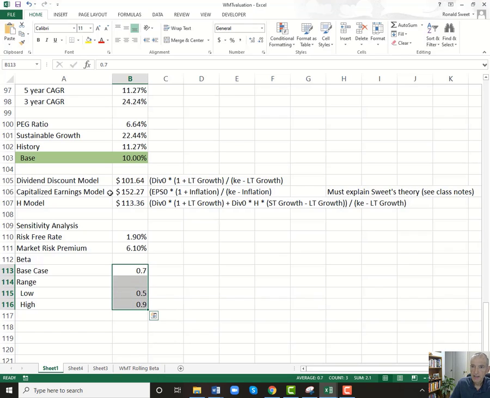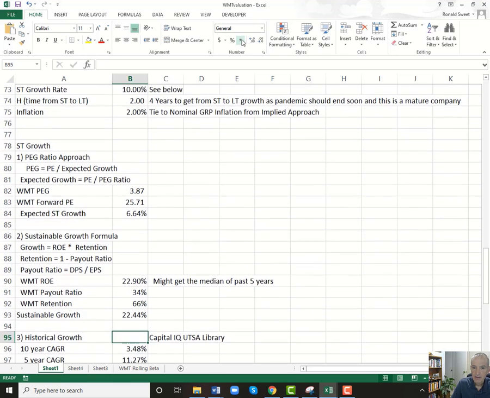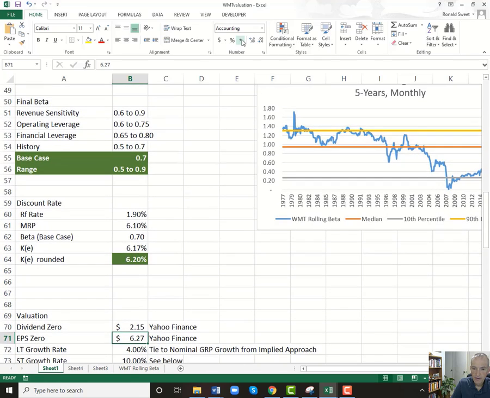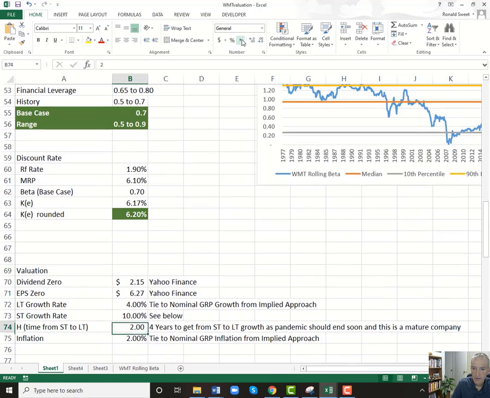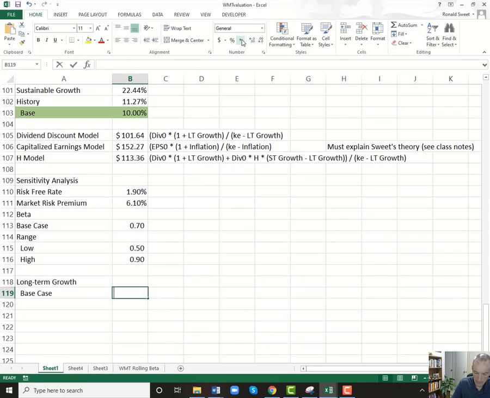So there's our beta cases. And then let's look at long-term growth. And here we have a base case. So our base case for growth was 4%. So let's think about a range on that.